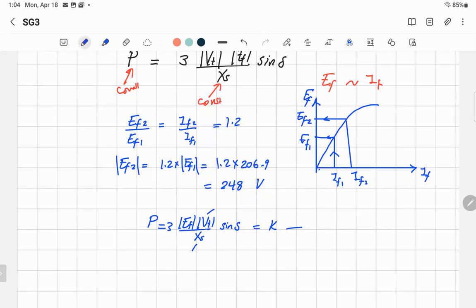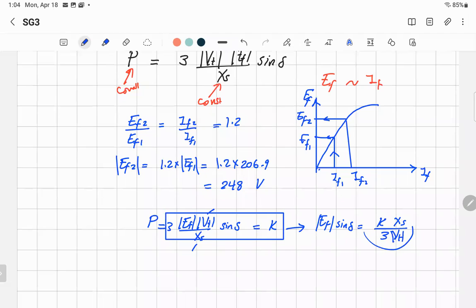It means EF sine delta is equal to K times XS over 3 VT. I'm just using this equation to find EF sine delta. Constant, all that constant.